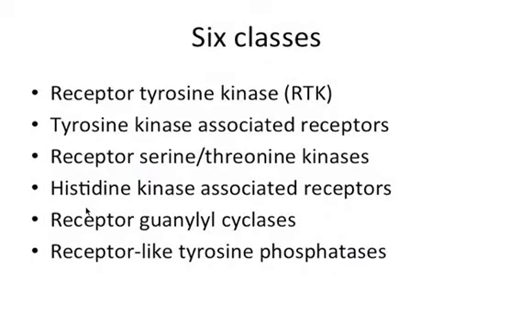One is receptors that have intrinsic kinase activity. What does that mean? It can phosphorylate things. What does intrinsic mean? It does it itself. There are receptors that have intrinsic kinase activity.